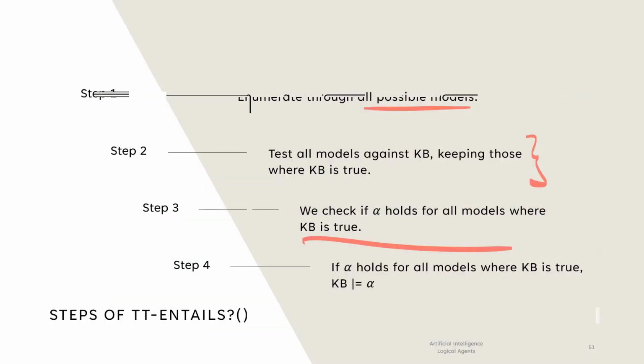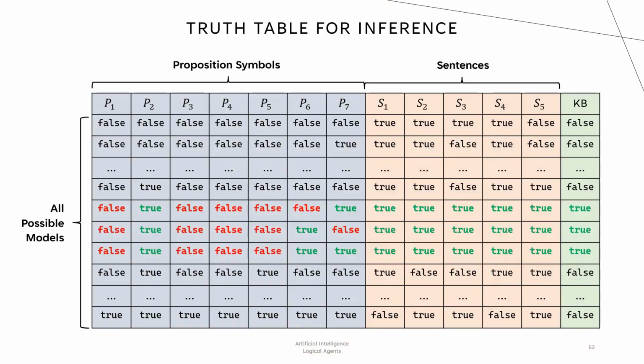So this is the truth table for inference. Each row, except for the header, is a possible model. We see our proposition symbols are like our variables, and we're going to keep changing those until we iterate through all possible combinations of the proposition symbols. Then our sentences are like our constraints here. Basically, these will either be true or false depending on our different proposition symbols.